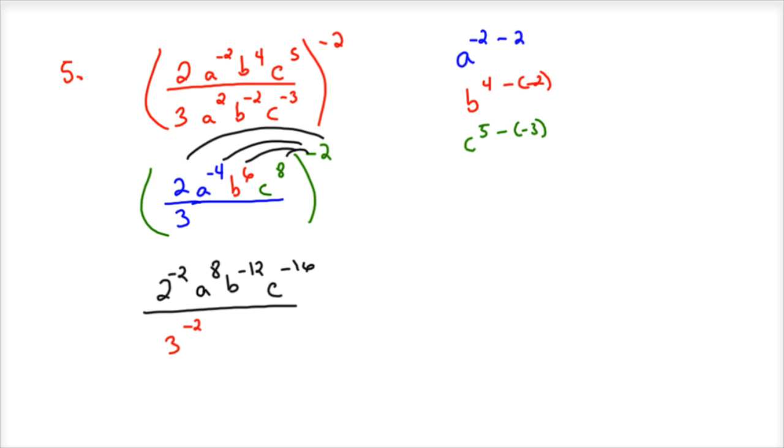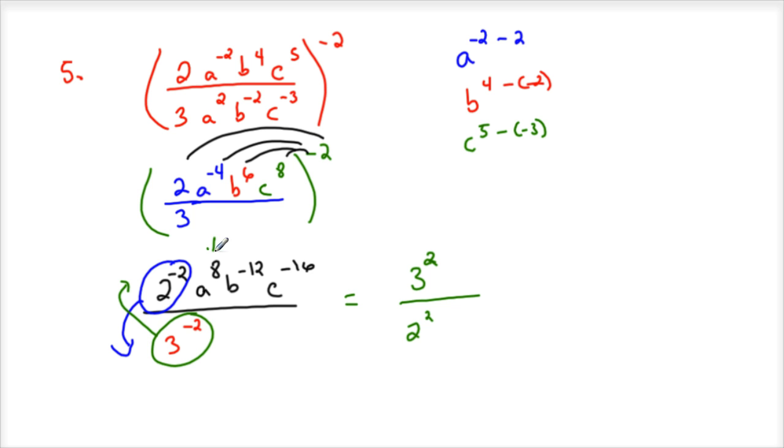All right, so my first line of attack is my exponents. This one's negative, I want to bring it down. This one's negative as well, I'm going to bring it up. So this is really 3 squared in my numerator over 2 squared in my denominator. The a to the 8th is positive, I'm going to leave it alone. So this is a to the 8th.